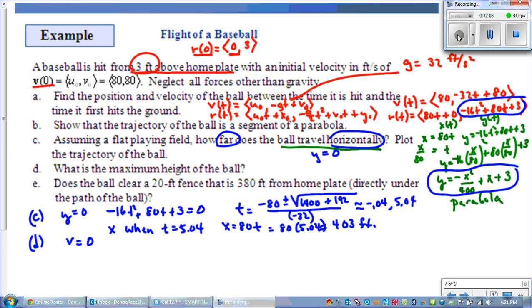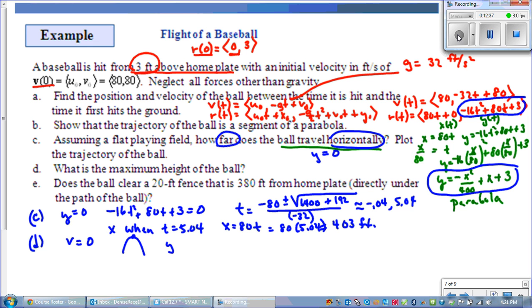Now, which part of the velocity? Are you talking about the horizontal component of the velocity or the vertical component? If we're talking about the maximum height, that means that the height will be at a maximum there, which means that the y component of the velocity, the vertical component of the velocity, should be at its highest. So what we want to find then is when there's no more increase in the vertical velocity.